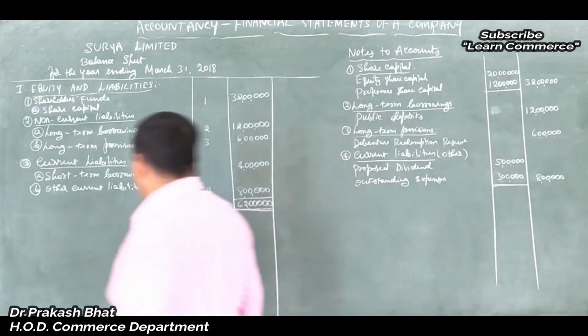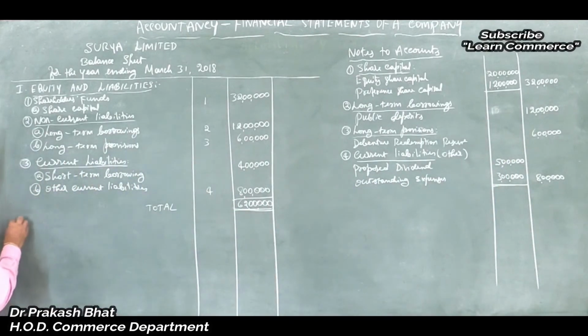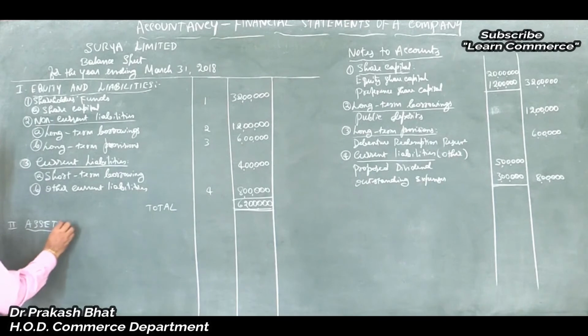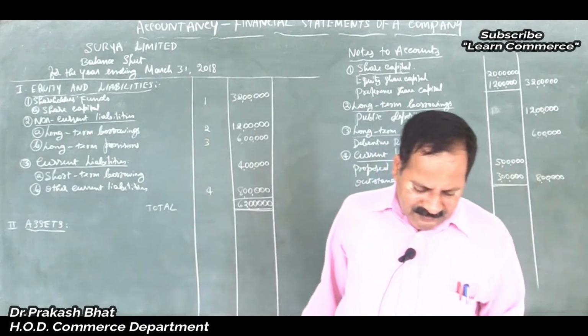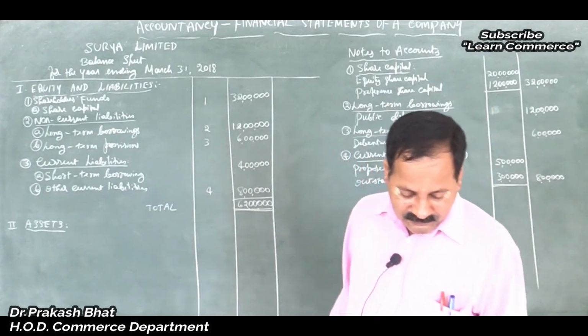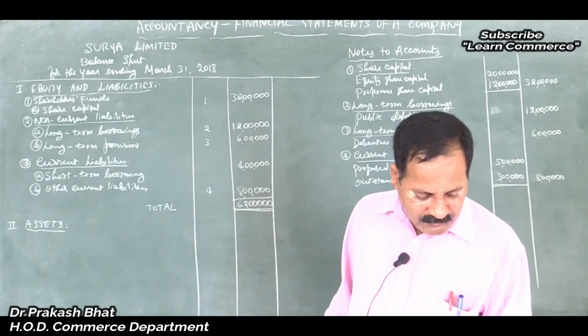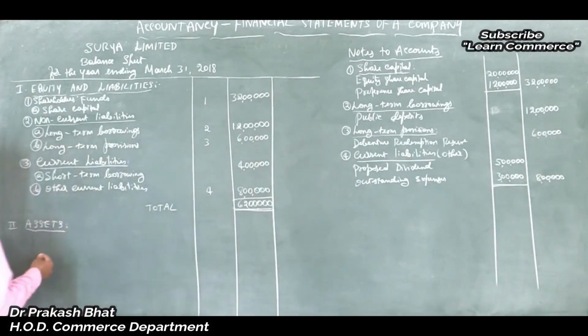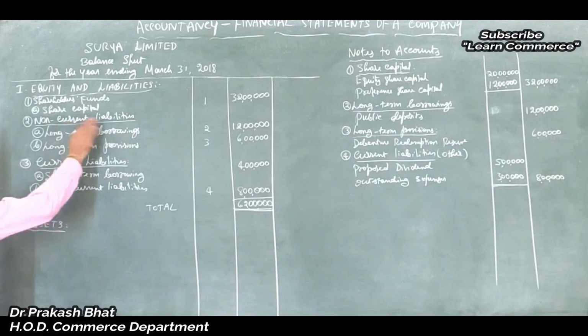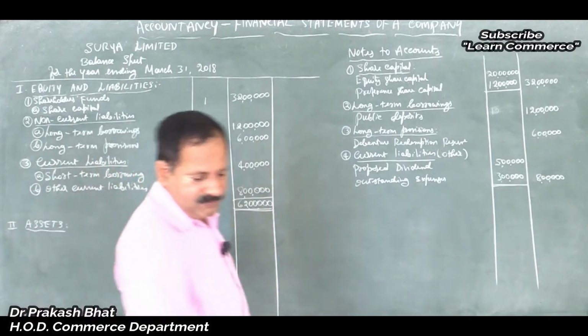Assets. Roman 2, assets. Under that, first one is non-current assets. Under that, fixed assets. Non-current assets, I will take up here. I will erase this upper part.